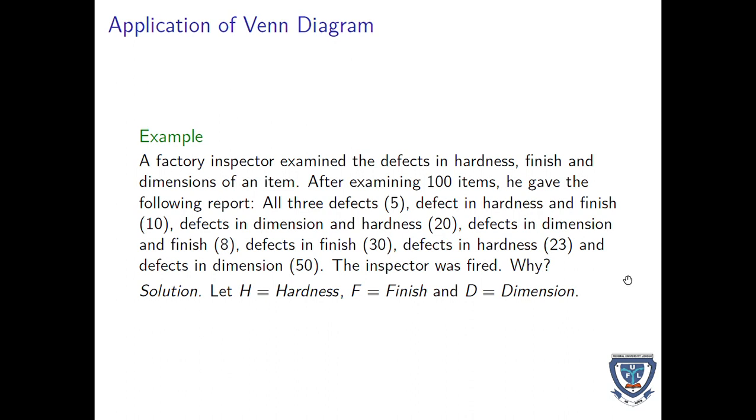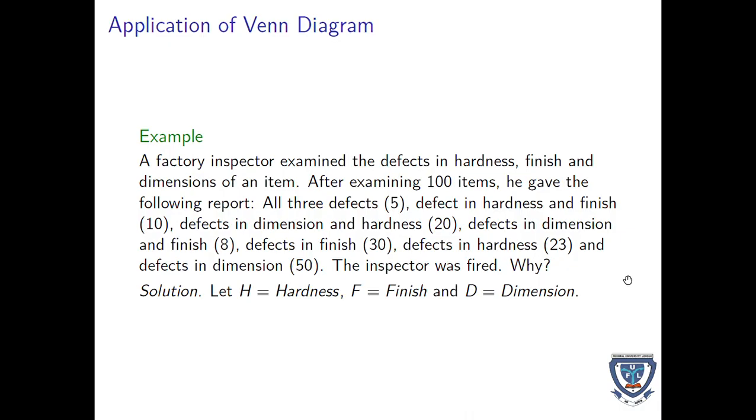Defects in finishing only is 30. Defects in hardness only is 23, and defects in dimension only is 50. After giving this report, the inspector was fired. The question now is, why was he fired?